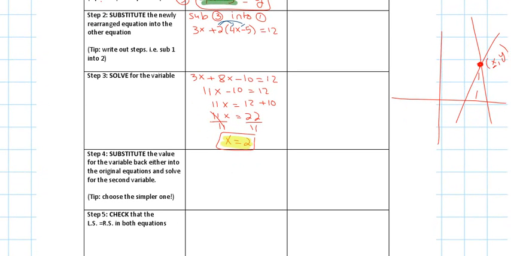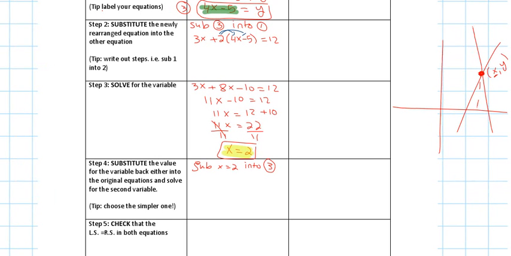Equation 3 says 4x minus 5 equals to y. So if I replace x with 2, that's going to be 4 times 2 minus 5, and that's going to equal y. 4 times 2 is 8. 8 take away 5 gives me 3. So then I know that the value of y is 3.